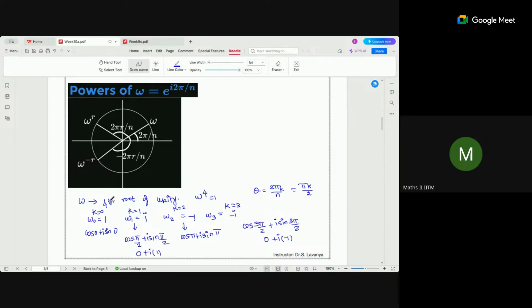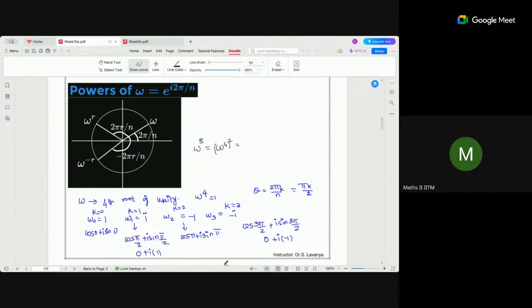Okay, so now suppose you want omega power 8. What is omega power 8 for this omega? Omega power 4 is 1. So omega power 8 should be omega power 4 whole squared, right?